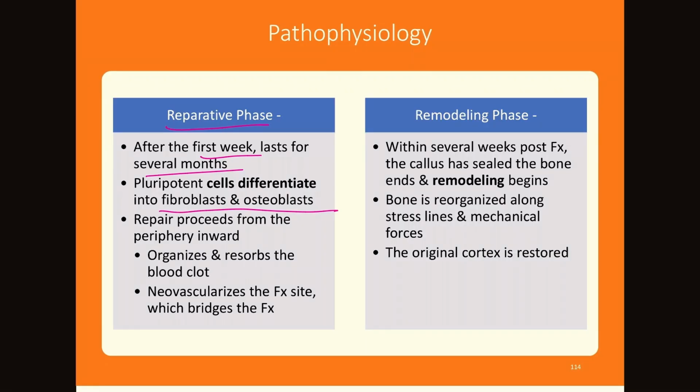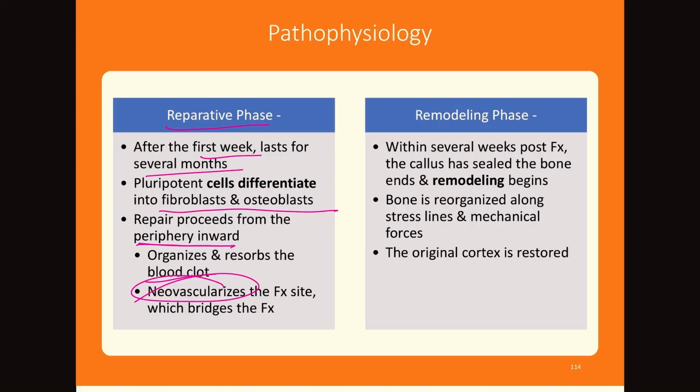The repair proceeds from the periphery inwards, so it starts on the outside and works its way back in. So the periosteum will form first, the outer layering of the bone, and then they'll work their way in. And then eventually organize and resorb the blood clot, and we get our neovascularization to bring blood supply, which you need for healing.